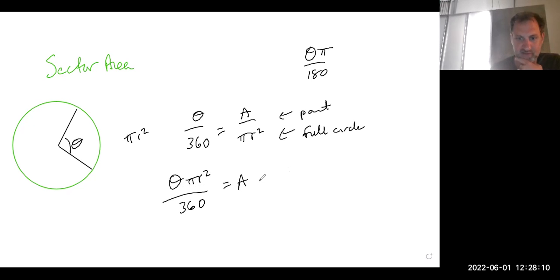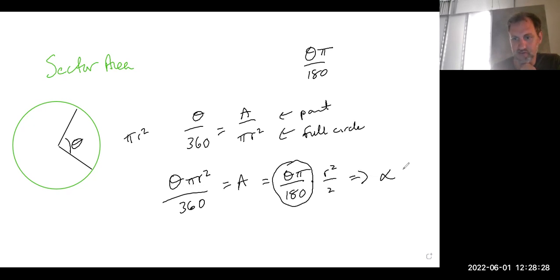And so what's going to be left there is theta pi over 180 times r squared over 2. This piece is just the angle measurement in radians. So that leads us to our formula. We can use a different angle here. The sector area is just the angle alpha times r squared divided by 2, where alpha has to be in radians.